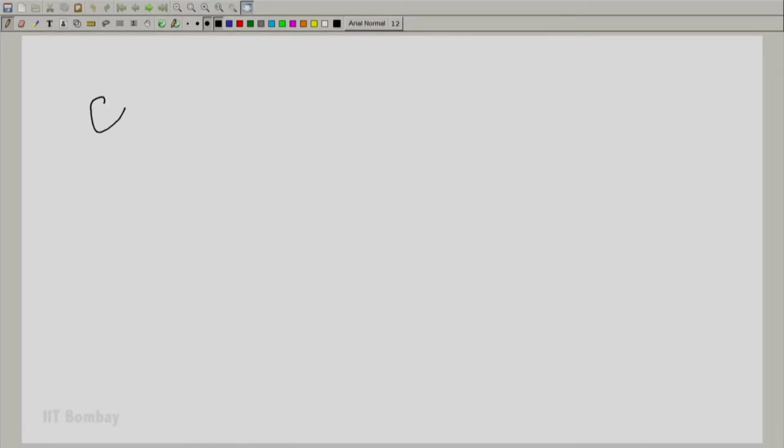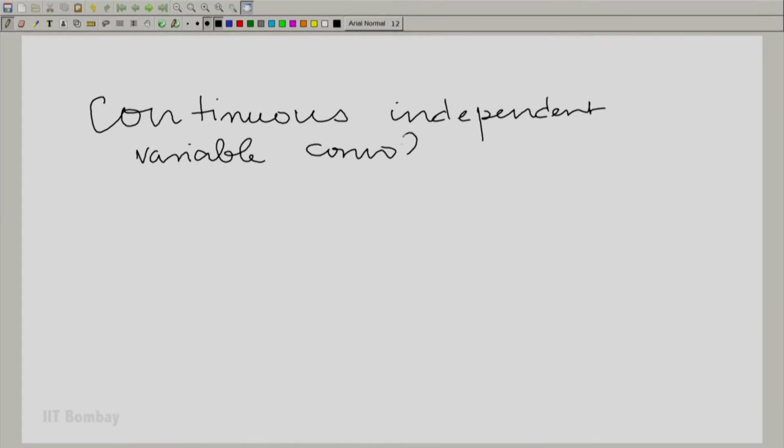Let us put down the question that we want to address. So, what we are trying to do is to create a continuous independent variable convolution.